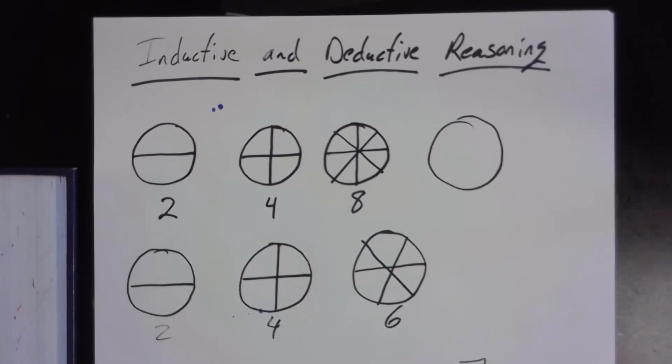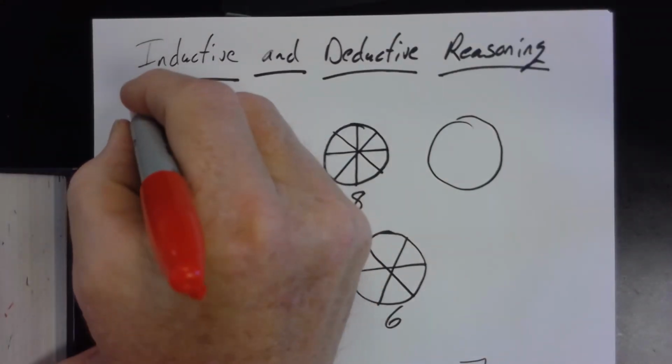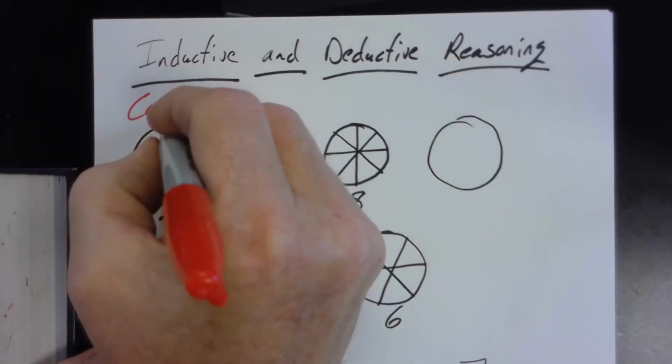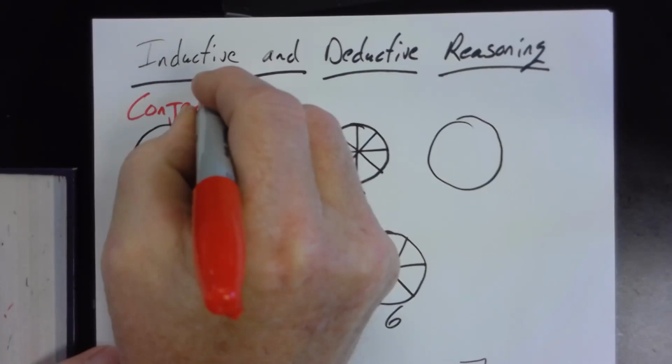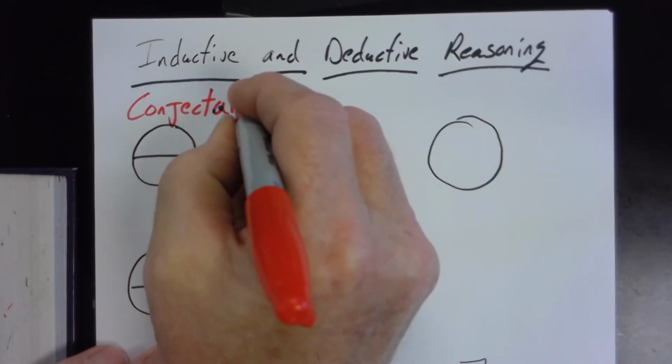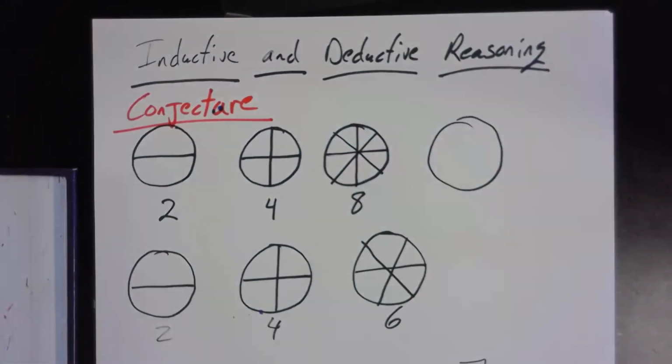So on page 76, I hope you're there or can get there. This educated guess that you made is called a conjecture. A conjecture is an unproven statement that's based on your observation. And that's where we're using inductive reasoning.